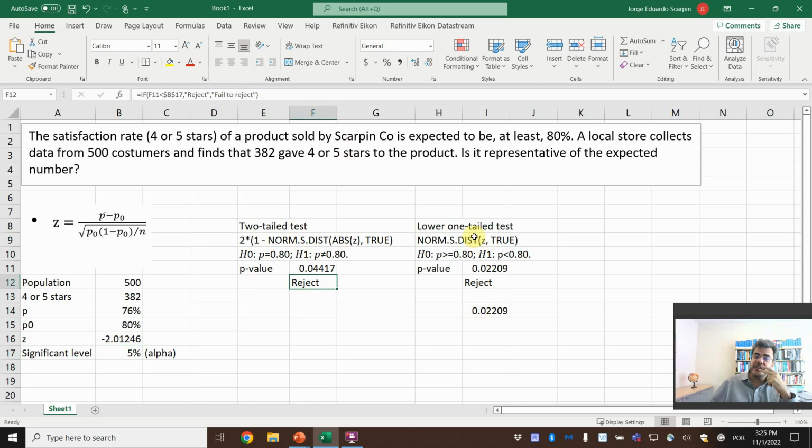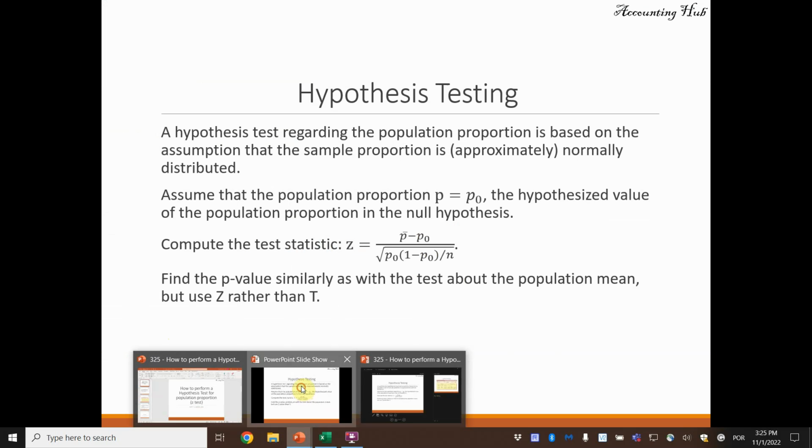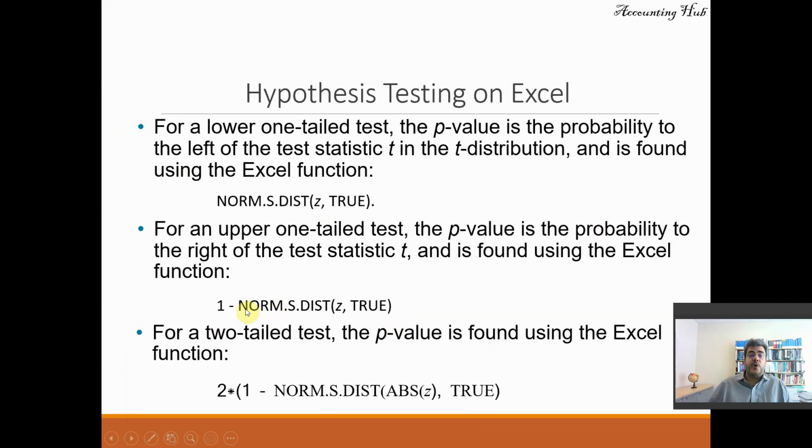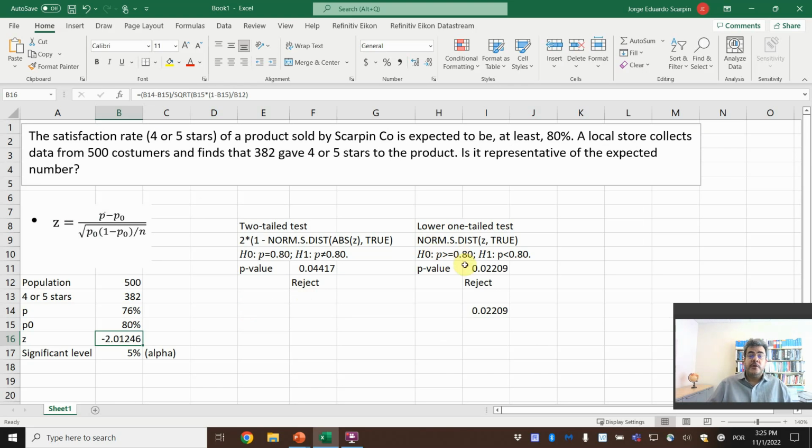However, let's go and check if it is lower. So lower one-tailed test. Why lower? Because the z is a negative number. If z is a positive number, then it goes on the upper one-tailed test. And that's why for the upper, we have this 1 minus here to flip the number. Okay? So what do we have here?